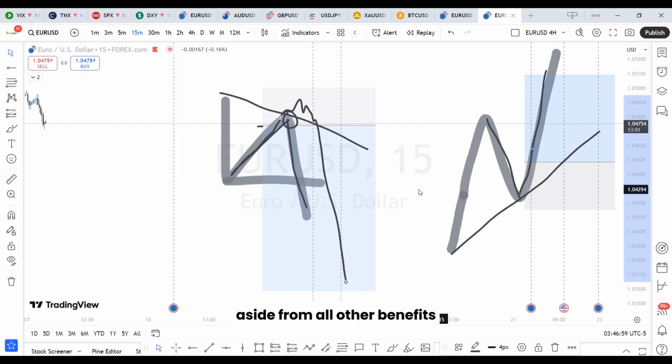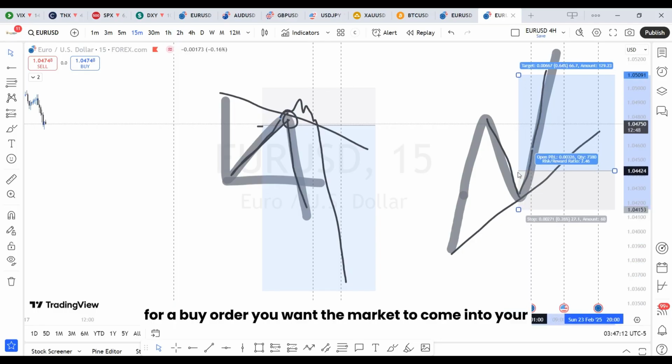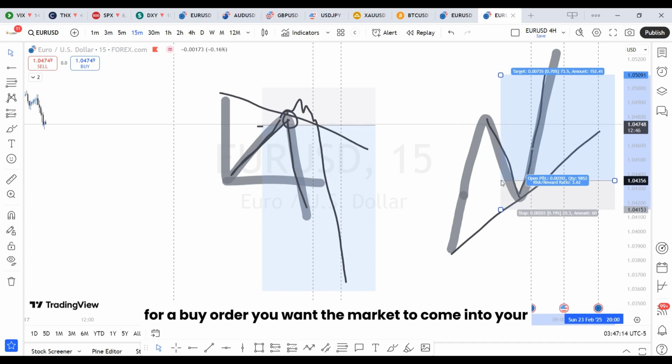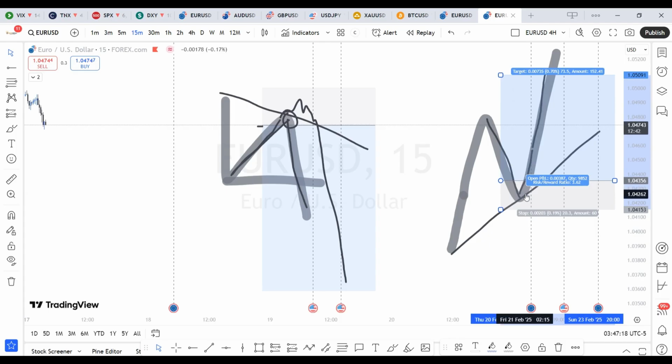Aside from all other benefits you're going to be getting, you can easily tell if it's a limit order or a stop order, and how to place your trade based on limit order and stop order.